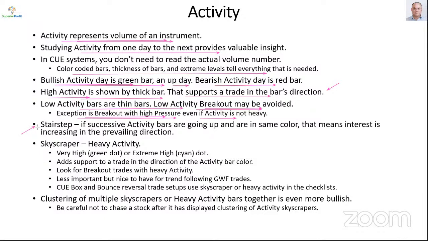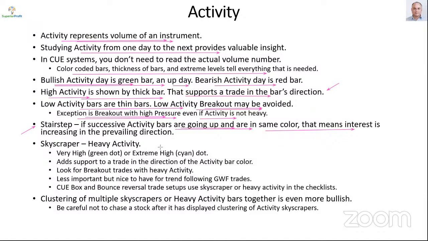Then we term something as stair step. If successive activity bars are going up, maybe they are not above average, they are certainly maybe not extreme high, very high, but activity is going up gradually. It is like a stair step going up one day, the next day, the next day.